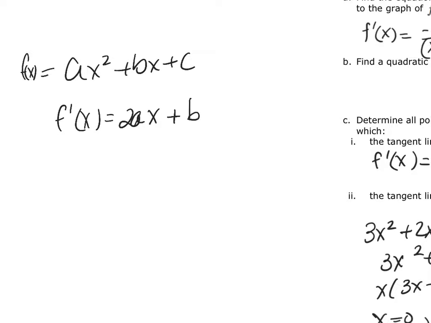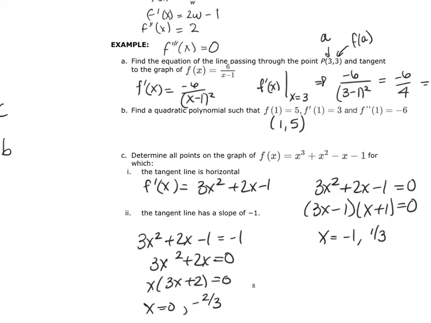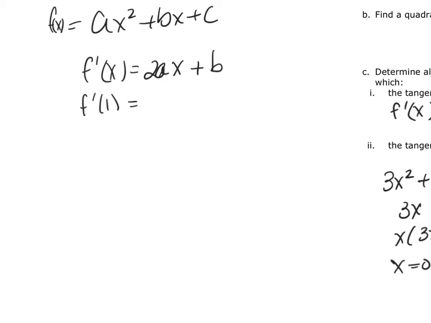But I know what f prime of 1 is. f prime of 1 is equal to what? 3. That tells me that 2a times 1 plus b must equal 3. So I have 2a plus b is equal to 3. That's the first thing that I know.